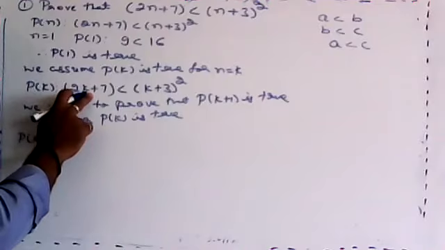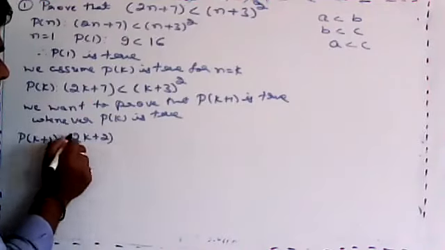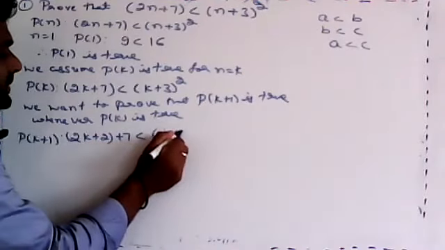So can anyone tell me what I'm going to take in this? When I put k plus 1 here, 2k plus 2, no? So 2k plus 2 plus 7 is less than (k plus 4) the whole square. I have to show that this one is correct.